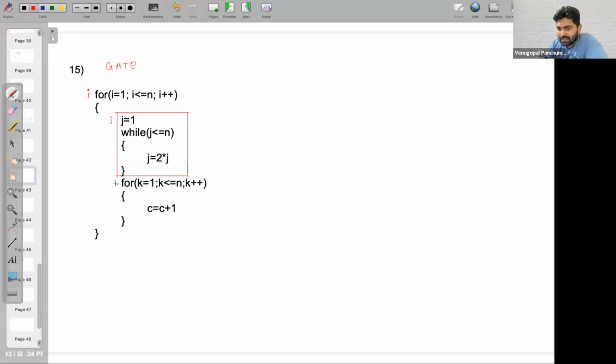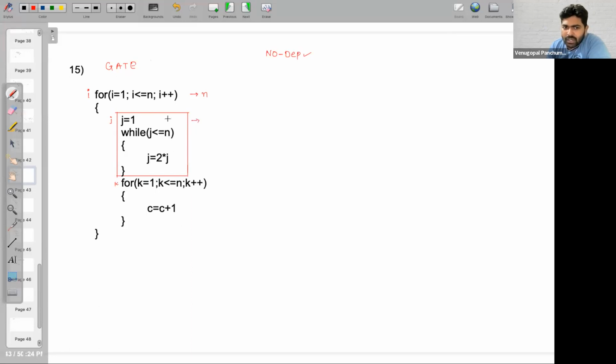What is meant by dependency? The inner loop running depending upon the outer loop, but here nothing like that is happening. So clearly there is no dependency. First of all, you need to observe that. When there is no dependency, things become easy. How many times is this loop running? N times.